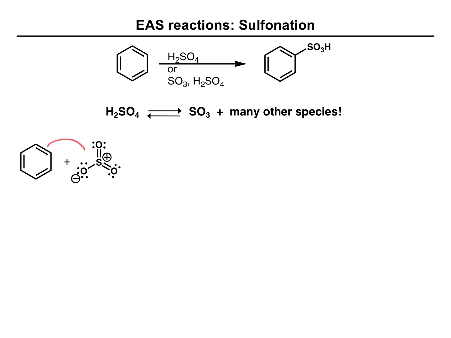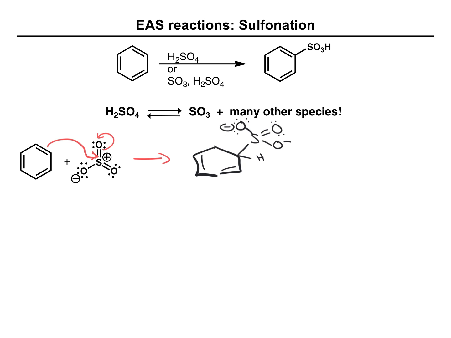So benzene can share electrons with the sulfur, which can push these electrons up here, for example, leading to this intermediate. So we have our sulfur connected to an O minus, a double bond O, and another O minus.